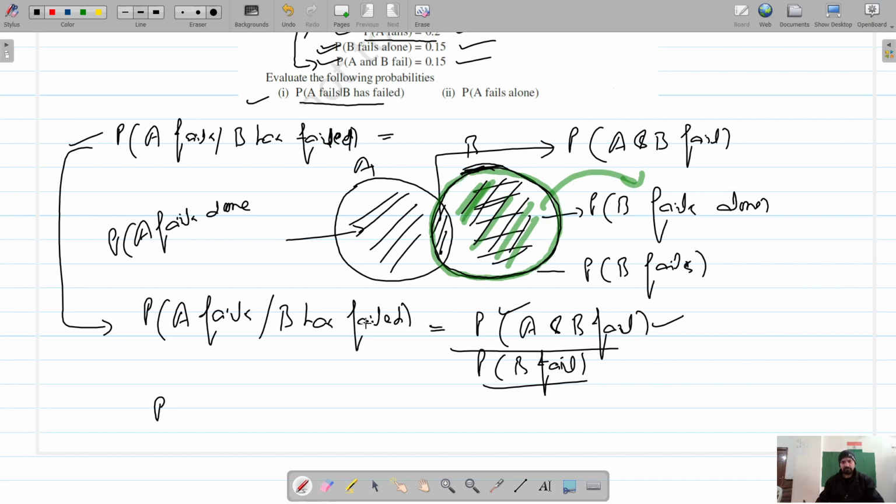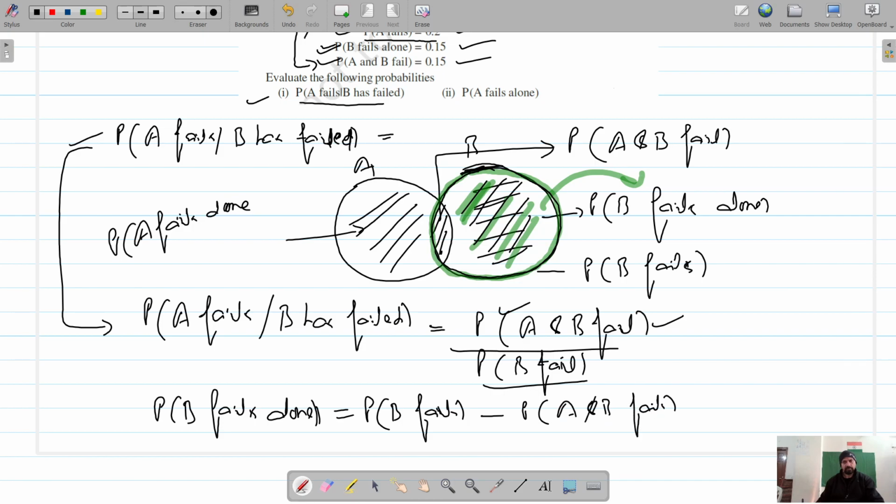B fails alone can be calculated by subtracting from the probability of B failing the probability of A and B failing.